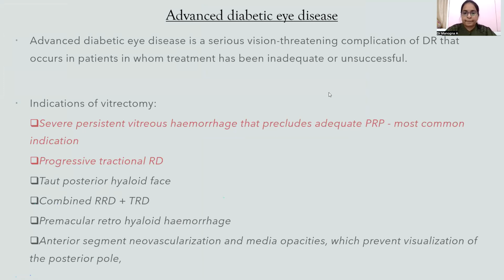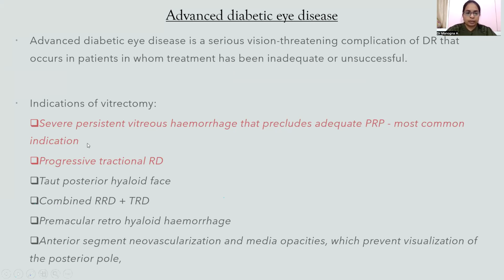So advanced diabetic eye disease. The main things you have to know are vitreous hemorrhage and tractional RD. I have included this because the question has been asked once: what are the indications of vitrectomy in advanced eye disease?